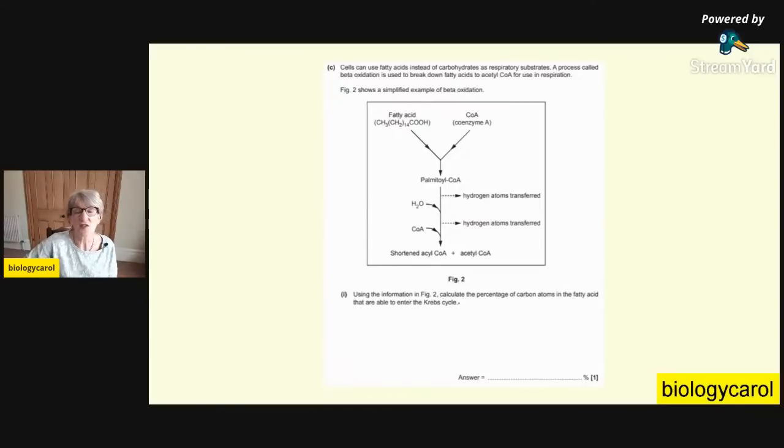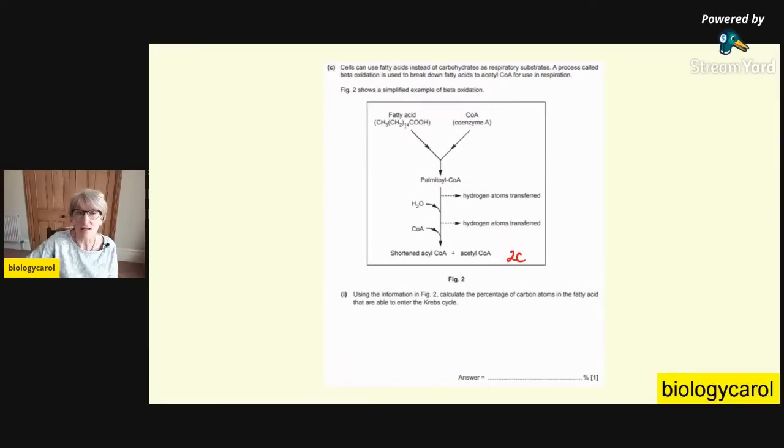Using information in figure 2, calculate the percentage of carbon atoms in the fatty acid that are able to enter the Krebs cycle. Well, this requires you to know that there are 2 carbons in the acetyl part of acetyl coenzyme A, which is funneled into the Krebs cycle. And now we're looking at the fatty acid.